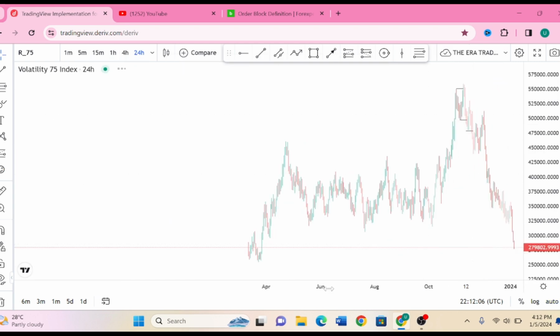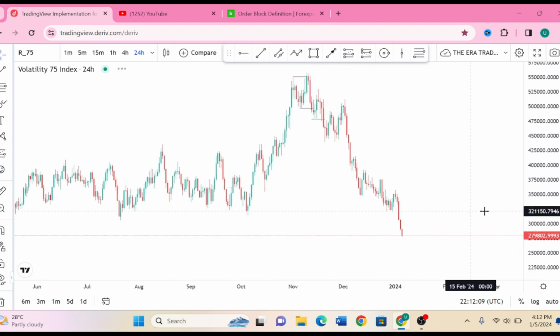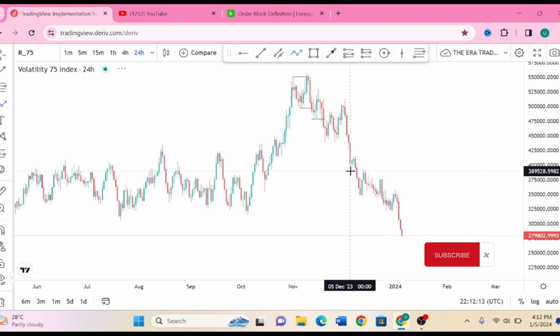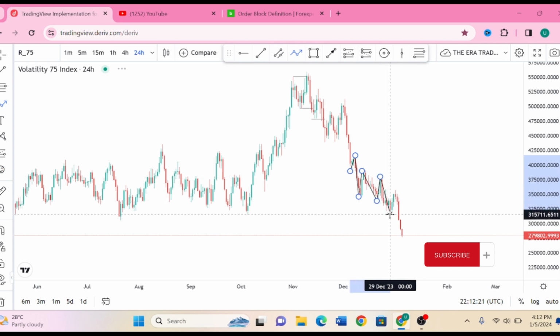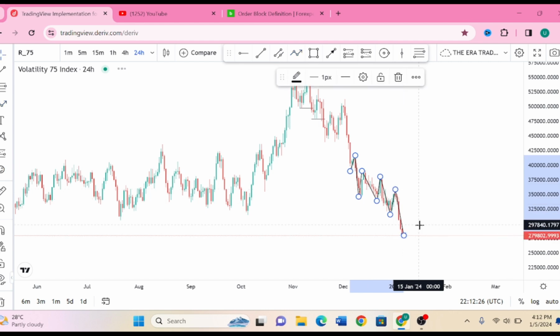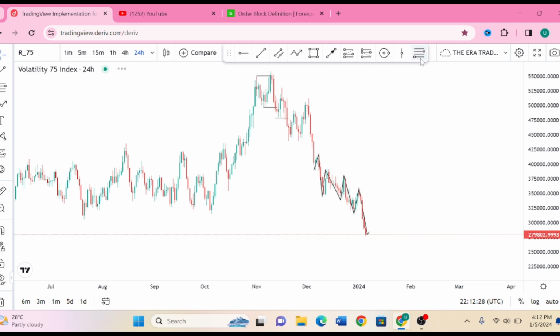In the daily time frame, you need to check out structure, which is the current structure of the market. Don't go too far. You can see lower high, lower low, lower high, lower low, lower high, lower low. We are going to use this region for this illustration.